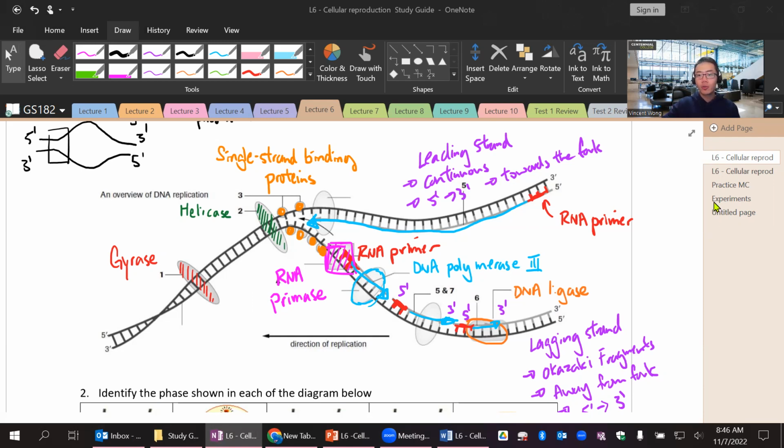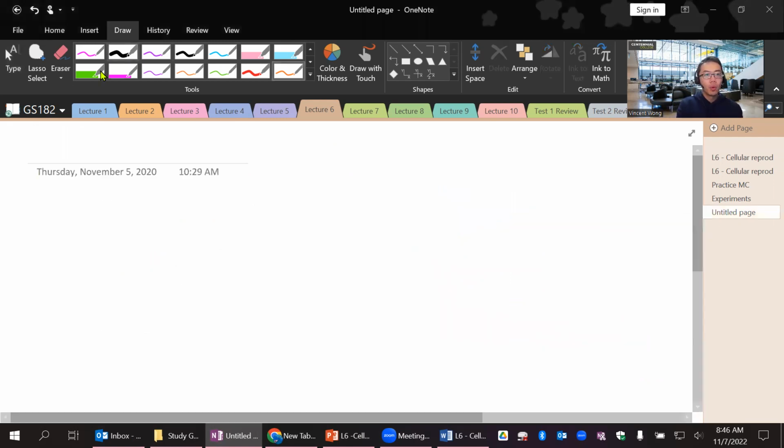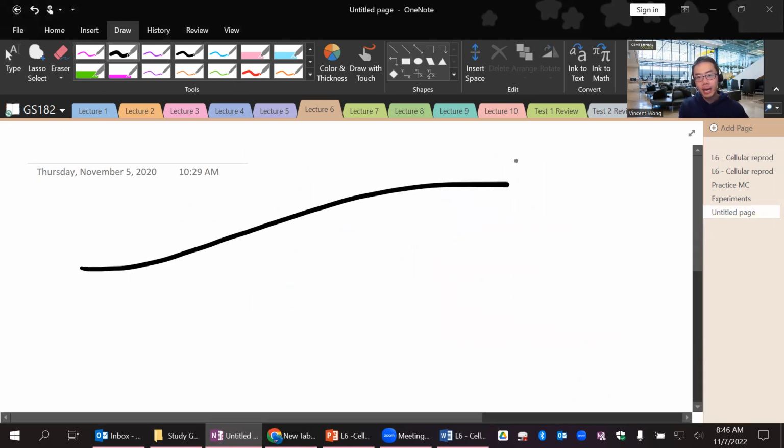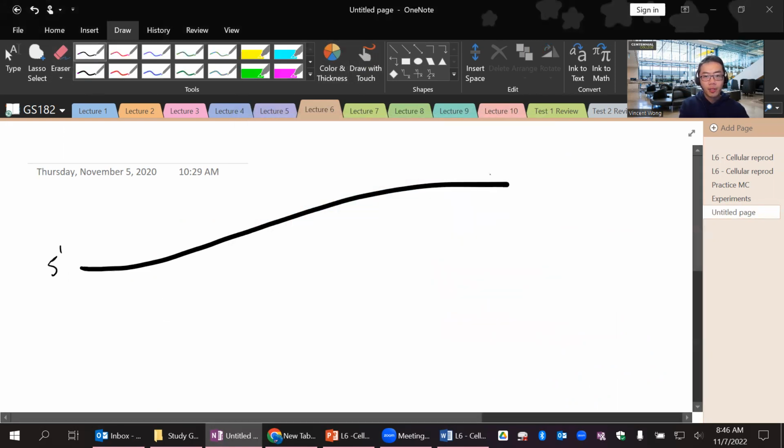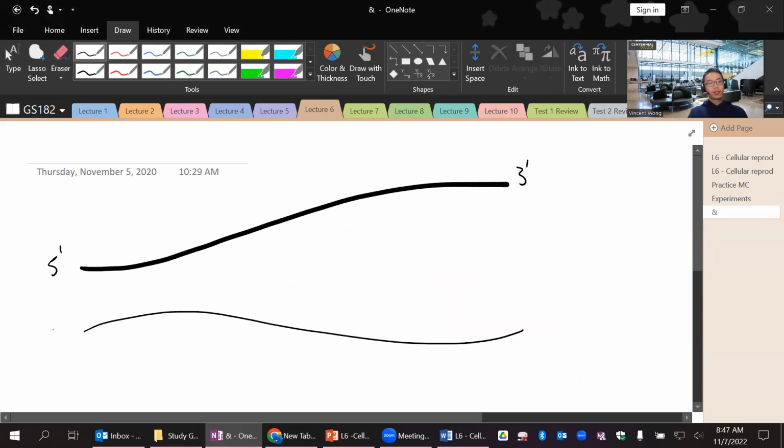All right, so maybe you want to draw along to try to understand why this happens. So here we have, again, 5' to 3'. This is one of the parent strands. And of course, on the other side, we're going to have the 3' to 5'.